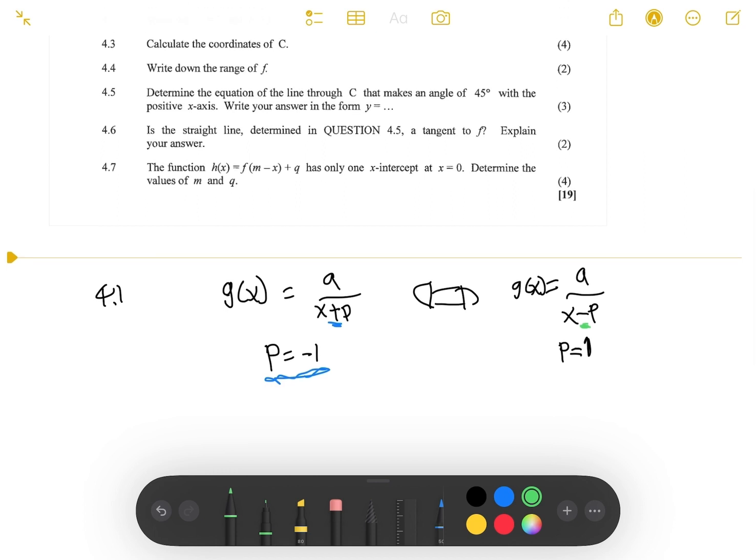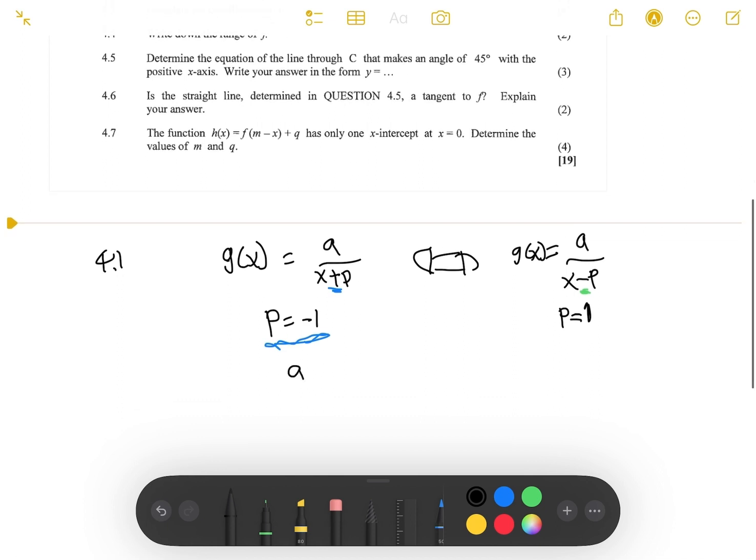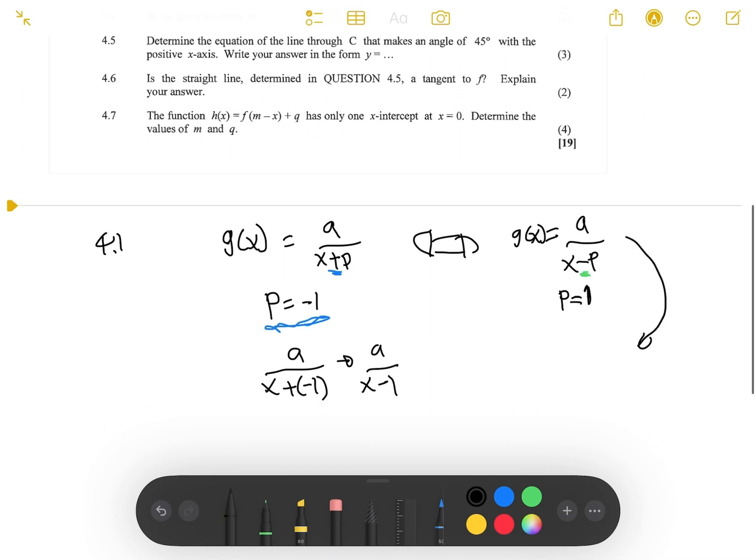Using this one that we're given here, p will be -1, since it is a over x plus in bracket -1, which gives us a over x minus 1. But had we been given this, it will just be a over x minus in bracket +1, which is still a over x minus 1. So the two are one and the same thing.